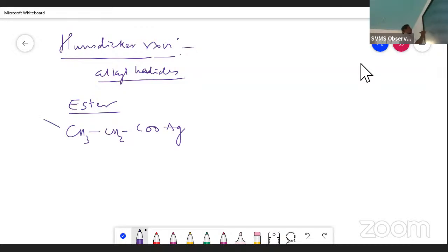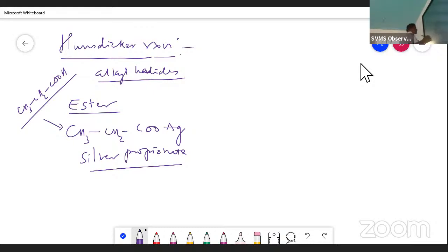Propionic acid is CH3CH2COOH, and its derivative is called silver propionate. Silver propionate is treated with bromine, Br2. This reaction takes place in the presence of carbon tetrachloride, that is, the reaction is refluxing.